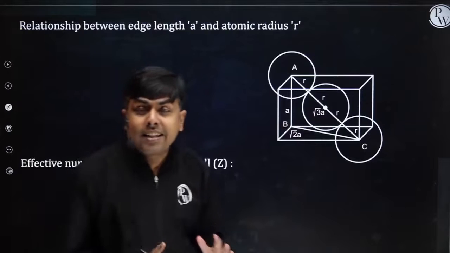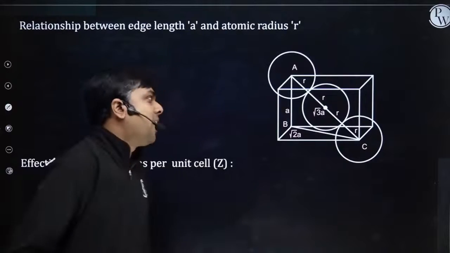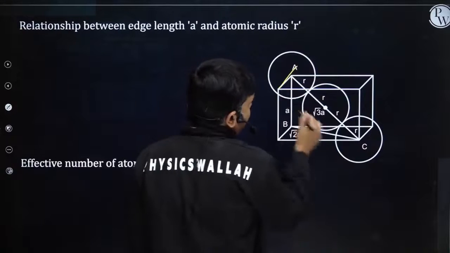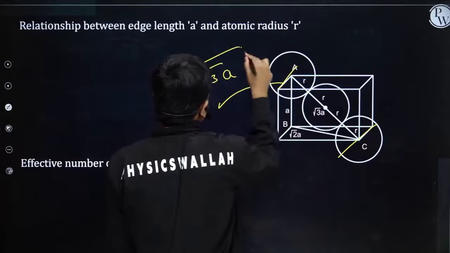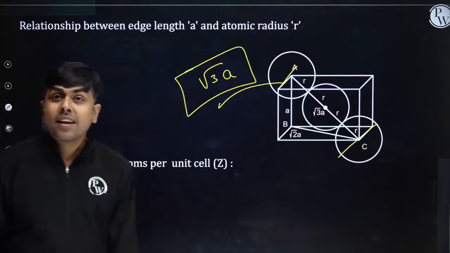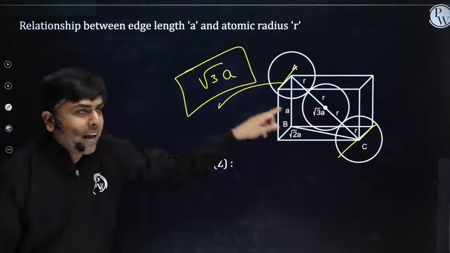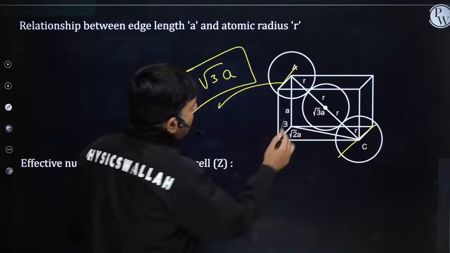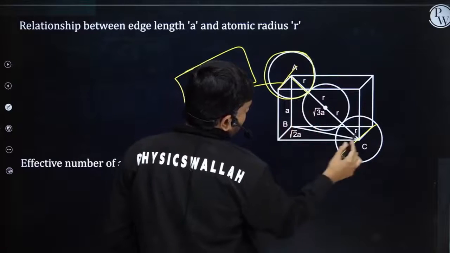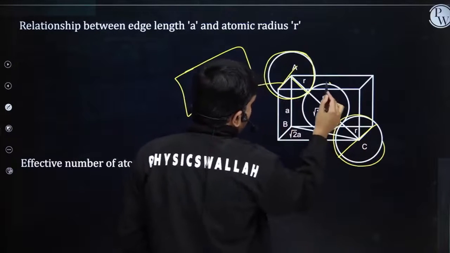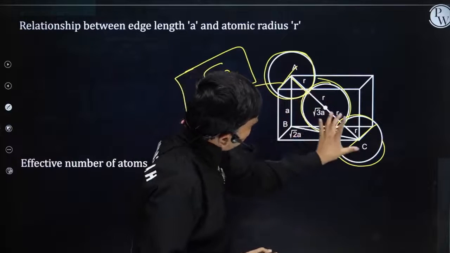Relationship between the edge length and the radius. The corner atom touches the body center atom along the body diagonal. What's the length of the body diagonal? It's root 3a. Am I clear? What's a? Edge length of the cube, edge length of the unit cell. So the length of the body diagonal is root 3a. And now the corner atoms, one of the corner atoms is this one, having radius r, and this one is the body center atom, and they all are touching. So r plus 2r plus r.